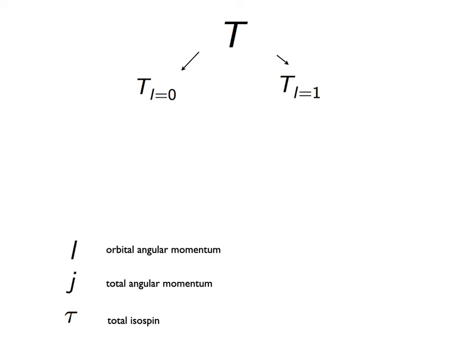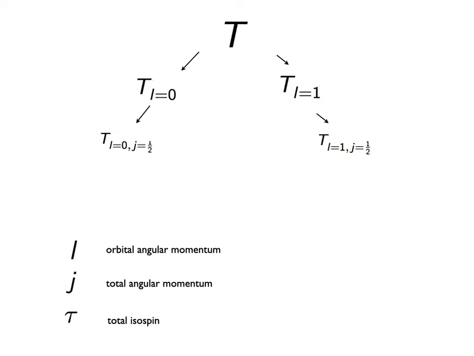T also depends on the total angular momentum, which is the sum of L and the spins of the particles. For these L's, J could be a half or 3 halves, but because we only wanted to calculate the photoproduction amplitude for the case of J being a half, we didn't bother trying to fit T to the J equals 3 halves data.